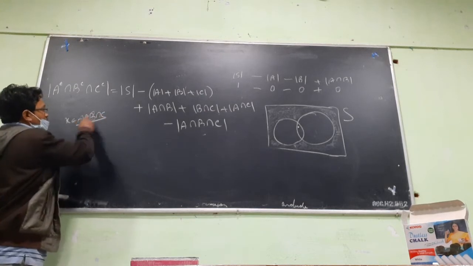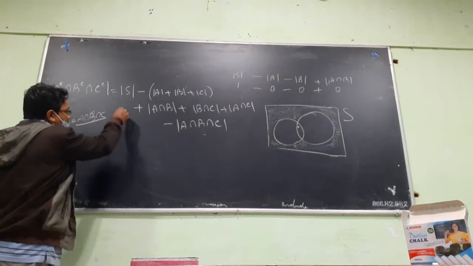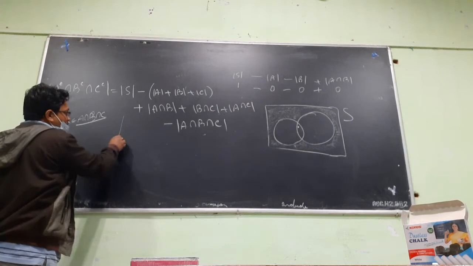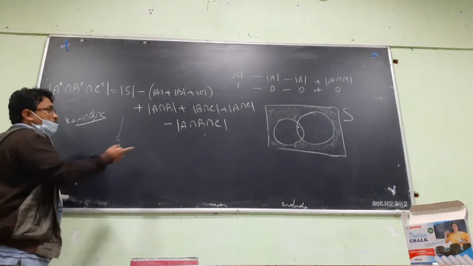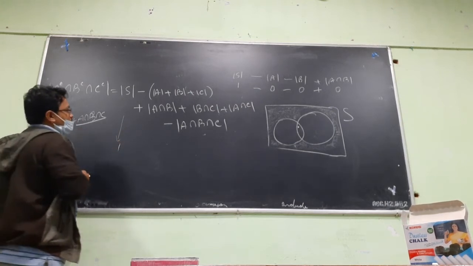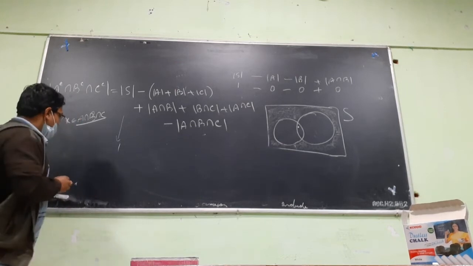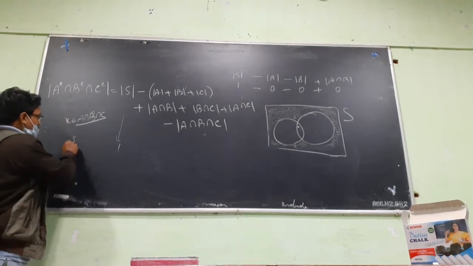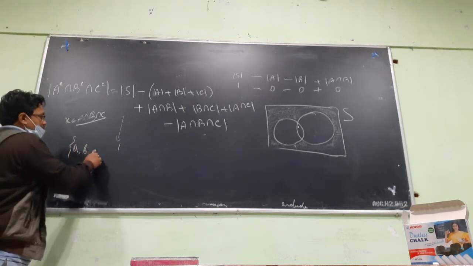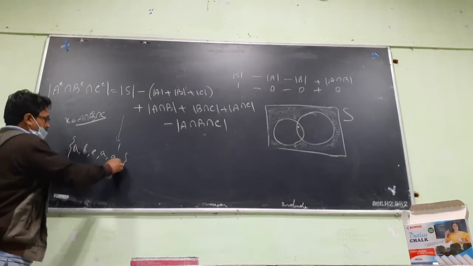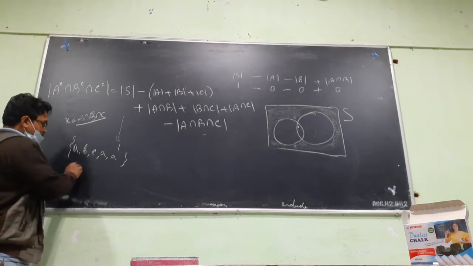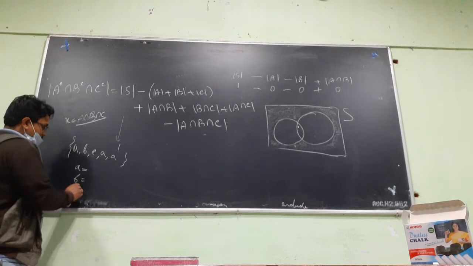So if an element belongs to all the three sets, here in mod S it will be counted once. Okay. Right. So it is something like this. Tally marks. Suppose say A, B, C, A, like that. Okay. So we count how many A's are there. So A, B, C. Okay.